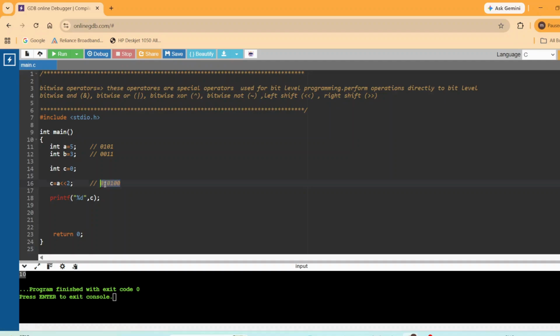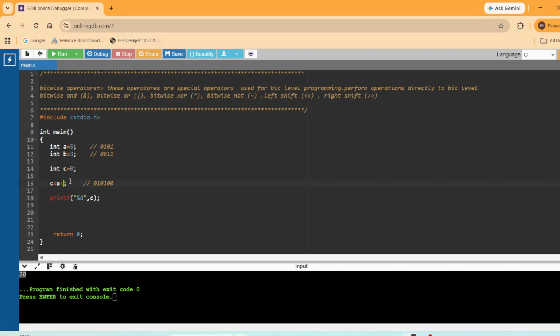So 2 raised to 4 means 16, and 2 raised to 2 means 4. So we will get 20. Just run this, we are getting 20.